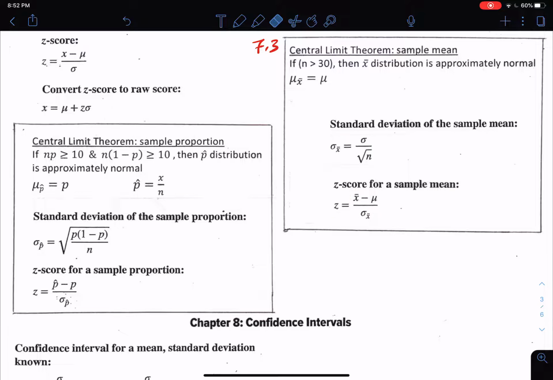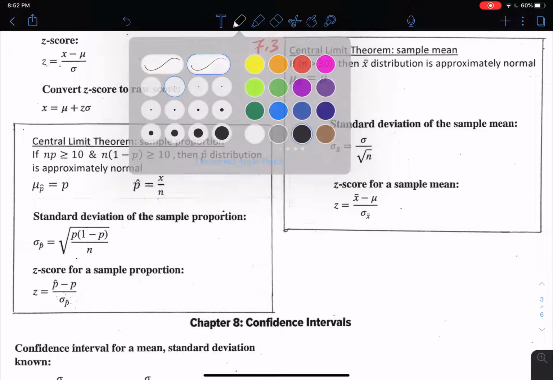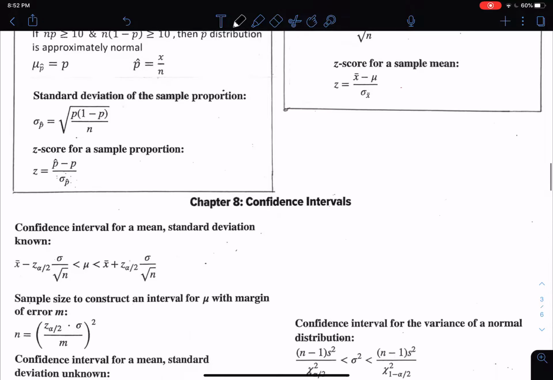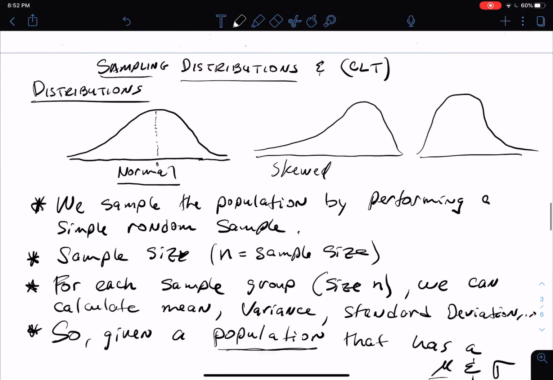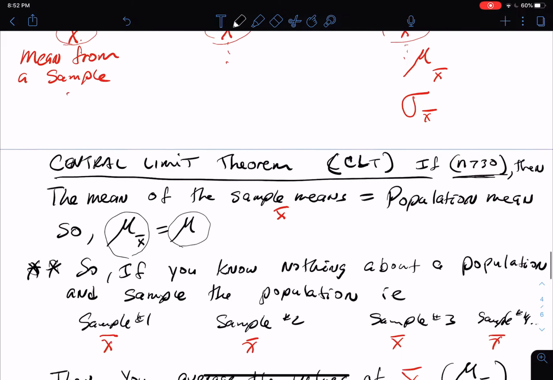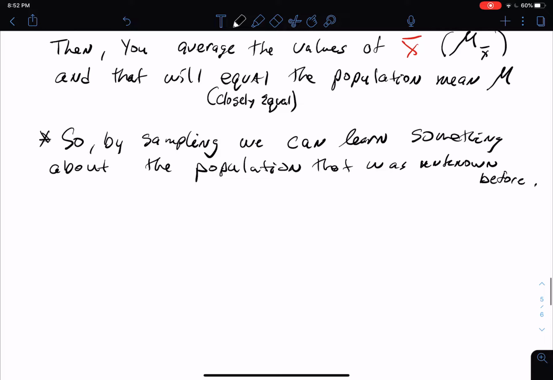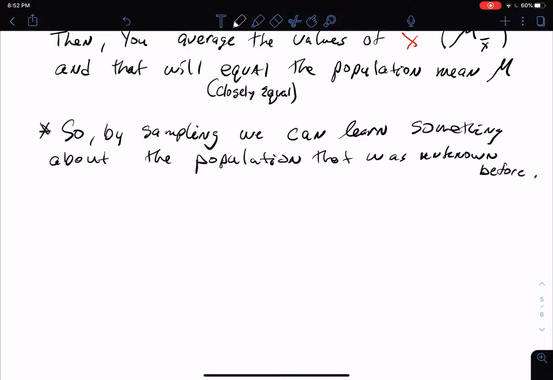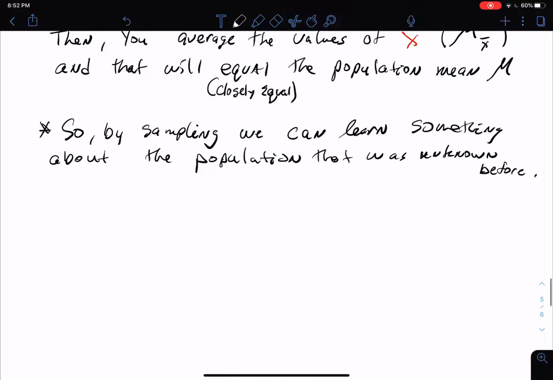Okay, all right, so let's get into that in a second here. Go back to our notes. So by sampling, let's say central limit theorem.